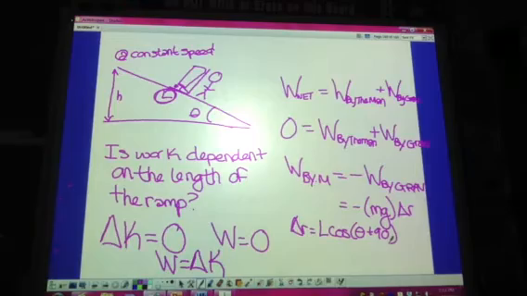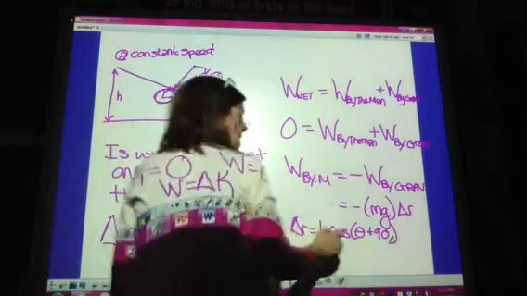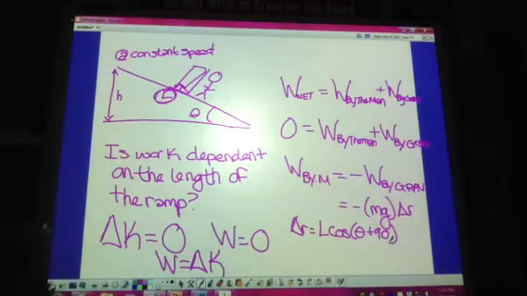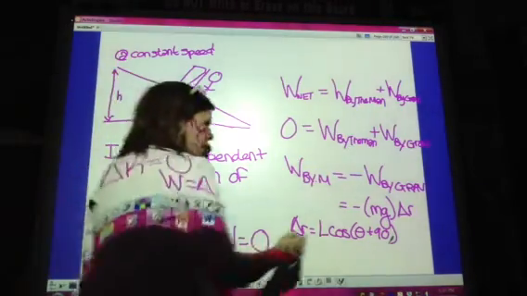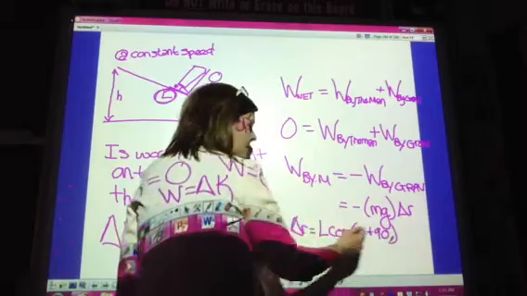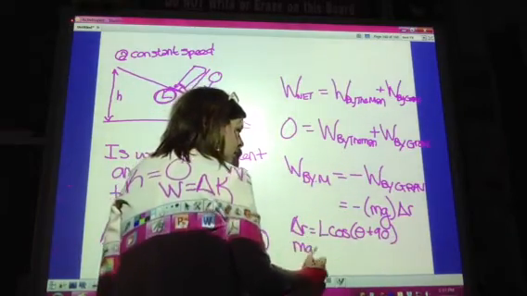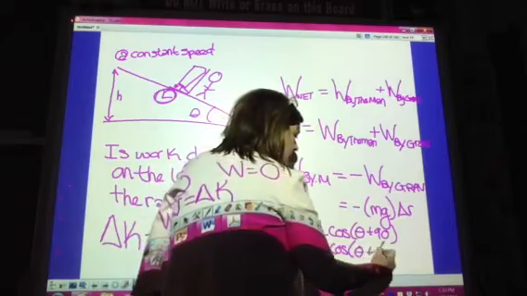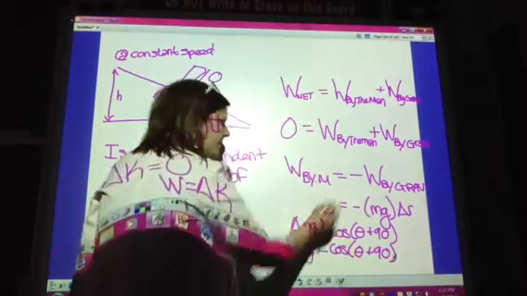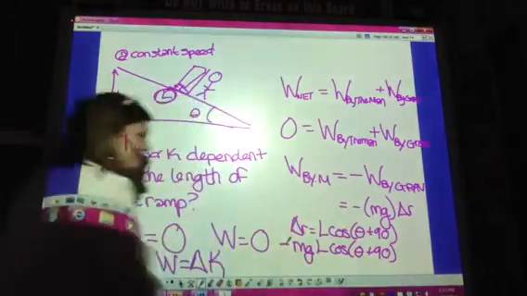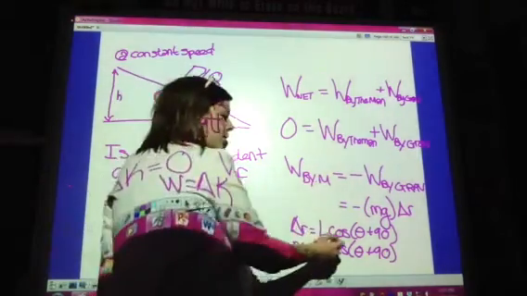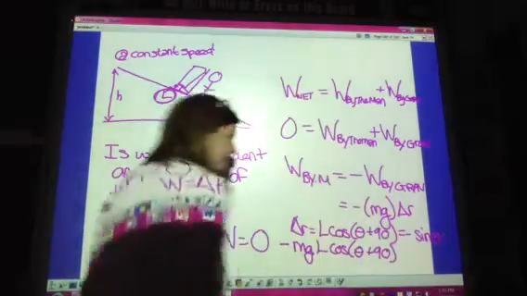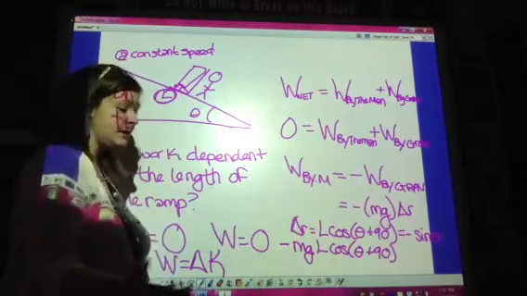Well, if we're using our trig identities, cosine of theta plus 90 is equal to a negative sine theta. So instead of this delta r, I could write negative mg L cosine of theta plus 90. But L cosine of theta plus 90 is equal to a negative sine theta, and that's just from trig identities.